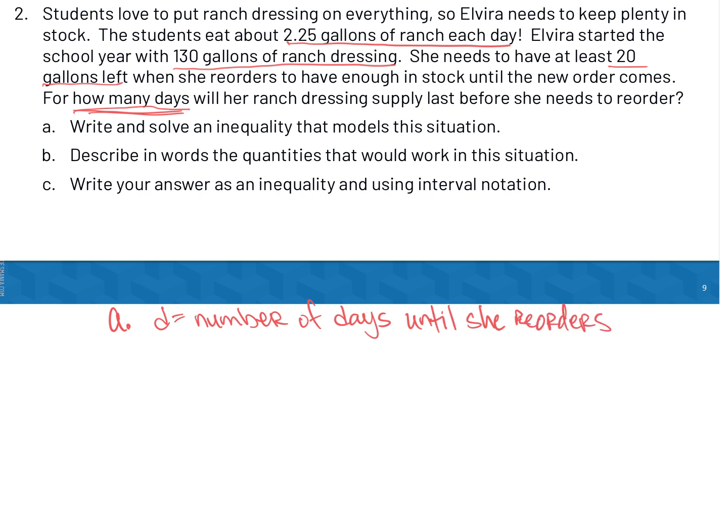She needs 20, so she can't go less than 20. So everything we're going to do is greater than or equal to. She starts with 130. She's taking off 2.25 gallons of ranch each day. We don't know how many days, so then this will be our equation. Okay, now let's go ahead and solve it. So go ahead and solve, and then come back to me.